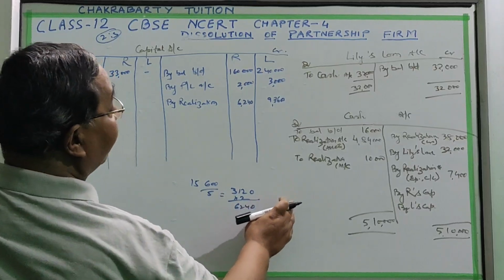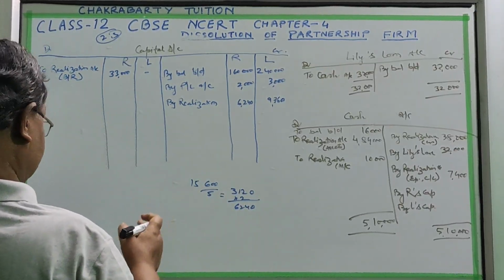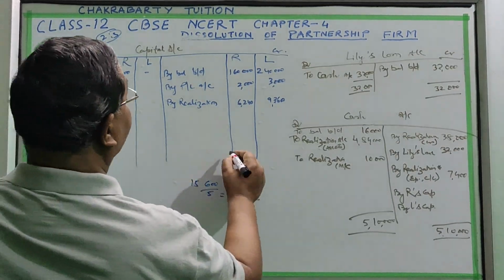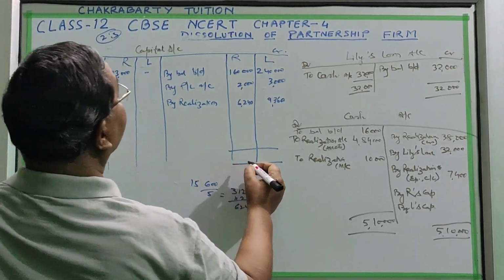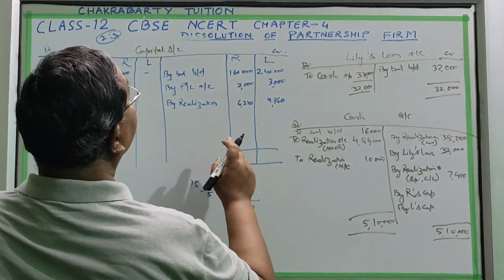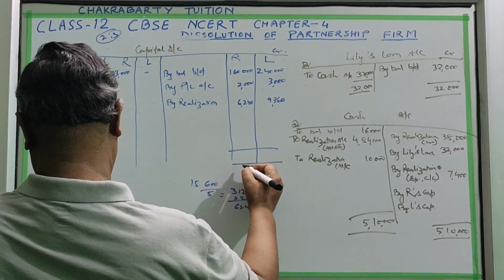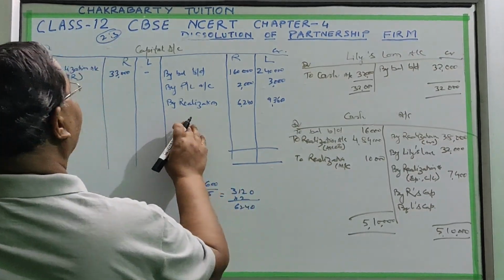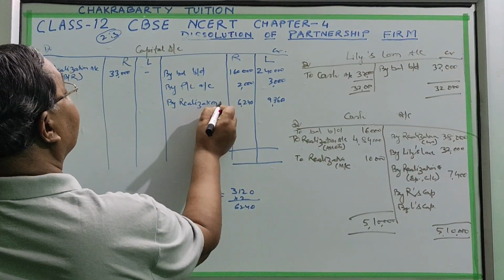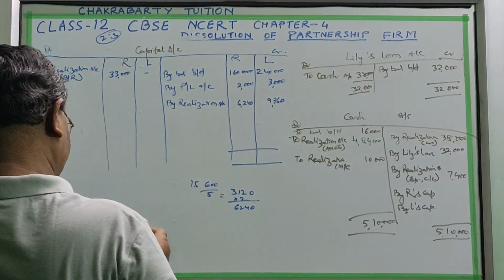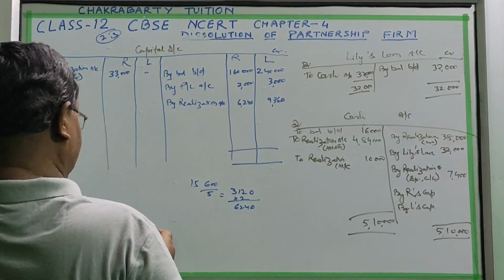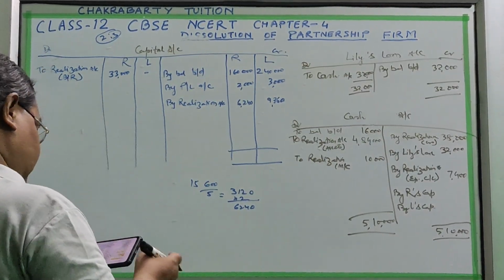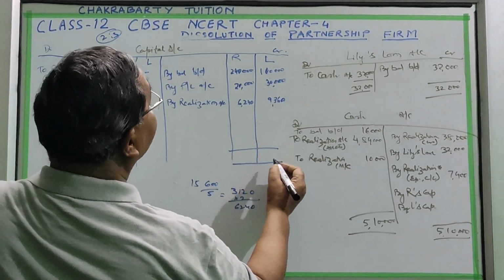And then nothing more is there. So we will make a total. By realization account, profit is transferred, then PL account is also transferred. So we will make a total.